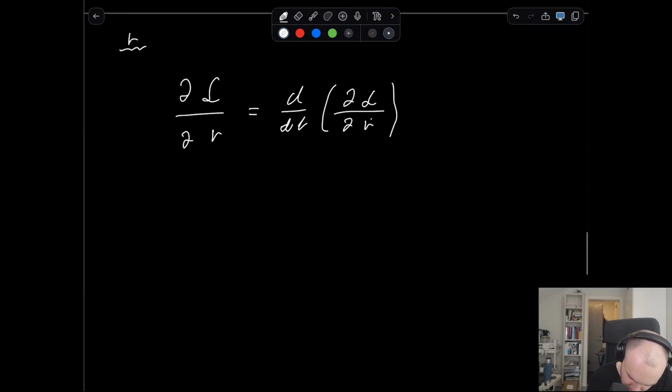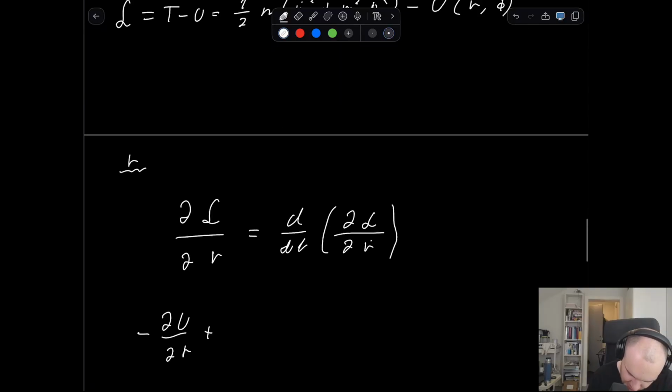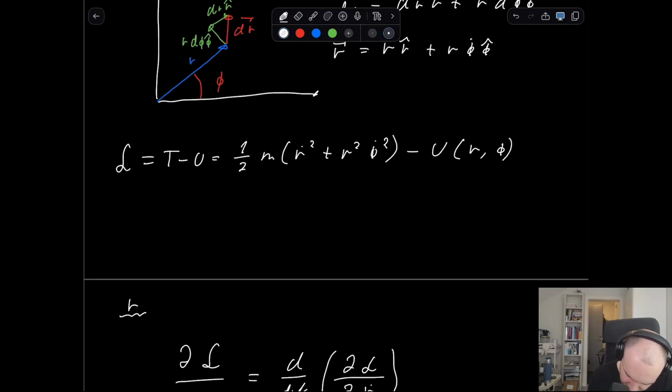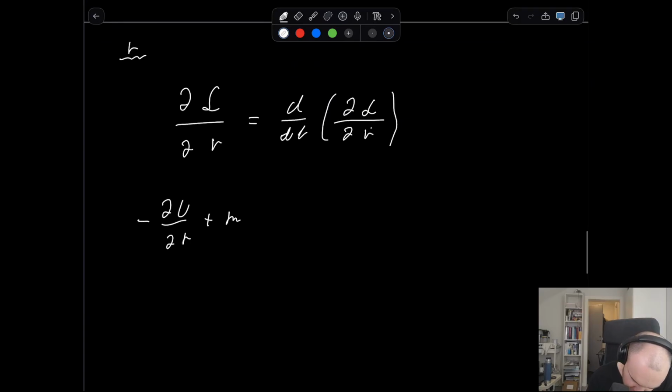Now, the partial of the Lagrangian with respect to r gives us two terms. I can write it so I don't have to be a moron: minus partial U with respect to r, but we also have plus, from the r squared phi dot squared term, m r phi dot squared. And that's equal to d over dt of m r dot. That's perfect.